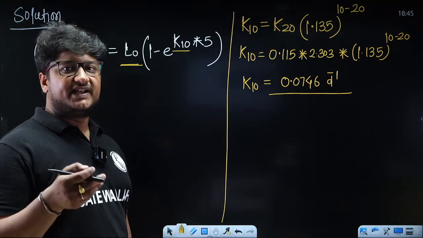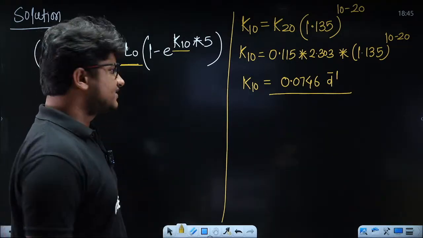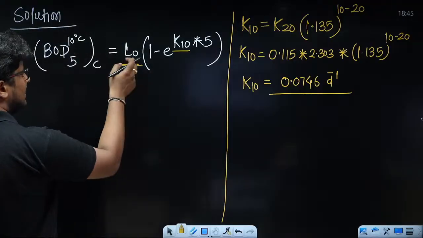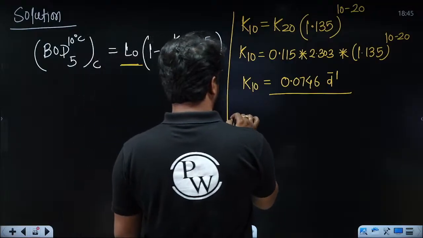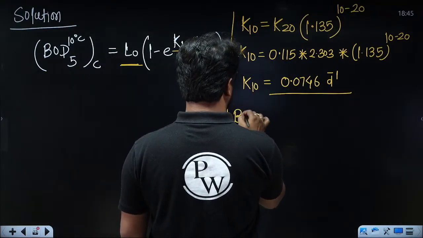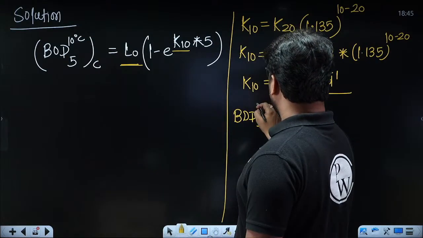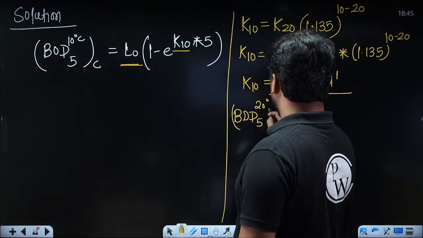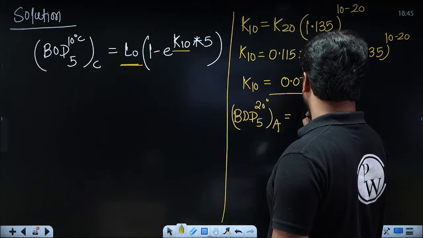Basically, you decrease the temperature, so the obvious thing is that your rate of reaction will go down. It's quite logical. Now the second thing is the ultimate BOD. They have given you data that BOD for 5 days at 20 degrees Celsius for stream A is 50 milligram per liter.